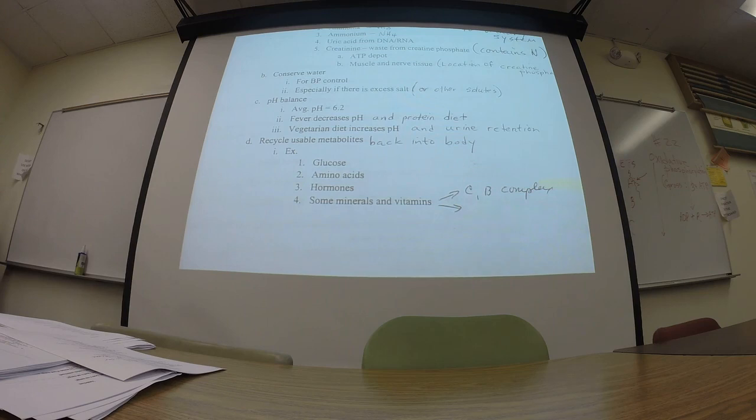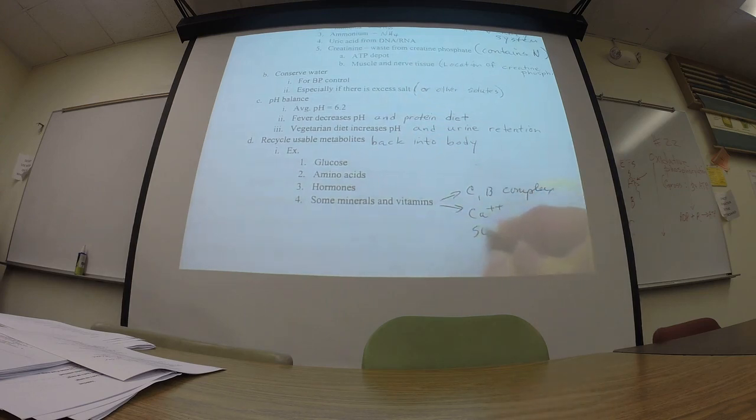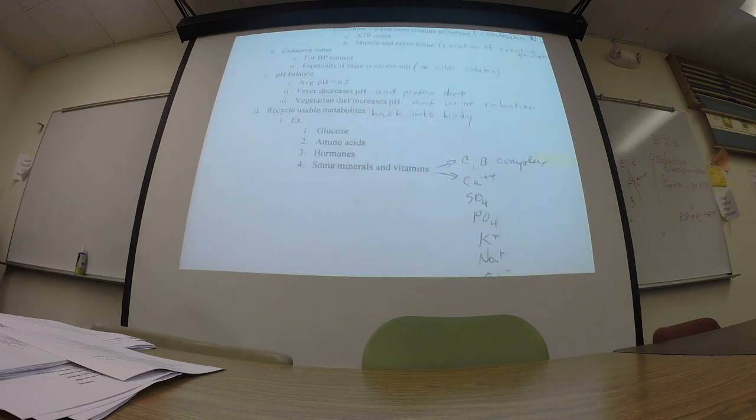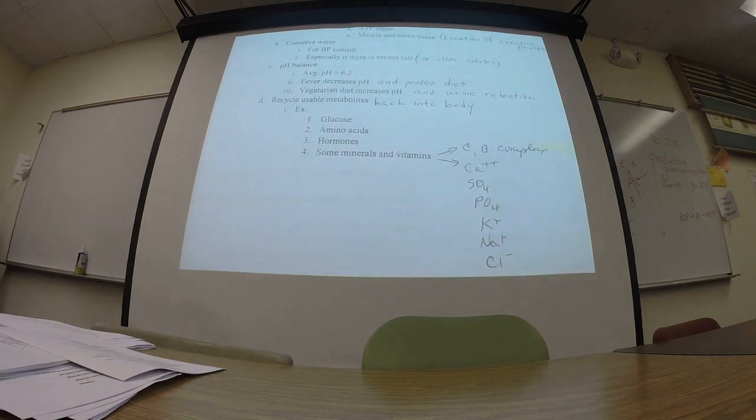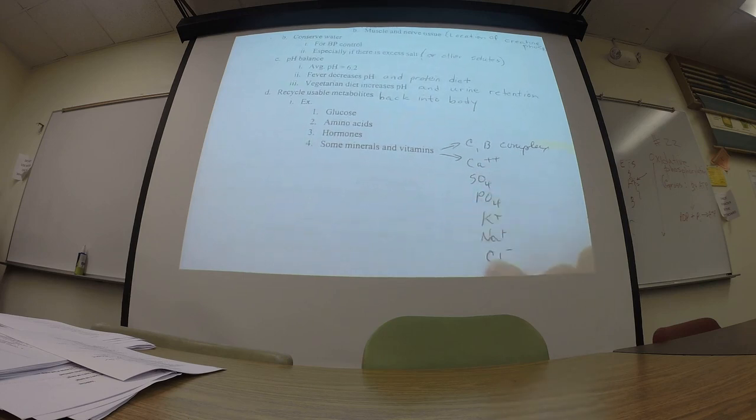But all kinds of minerals that we went over before, sulfates, phosphates, calcium, potassium, some sodium, some chloride, and I'm sure there's tons of others that are not on the list. That's why we tested for some of those things to prove they could be normal constituents found in urine.